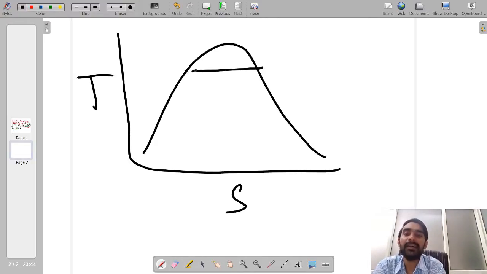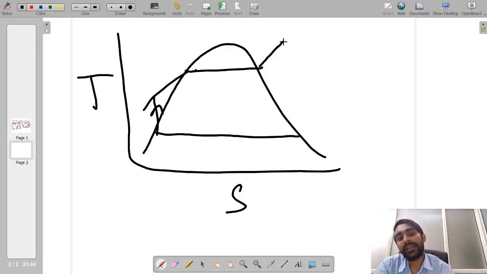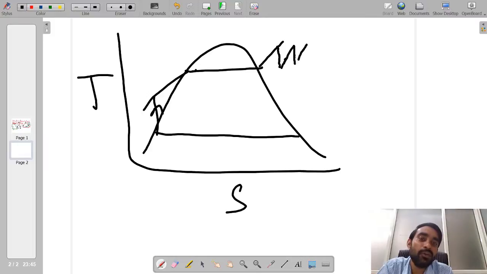So let us consider that in this TS diagram, this is our cycle, say this is our boiler pressure. Now if I do certain reheating over here, and I do not extend it to very low pressures, and once again I do one more stage of reheating, then once again expand, and then once again do one more stage of reheating, what will be happening during that process?